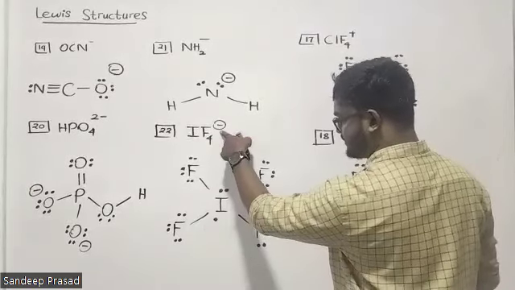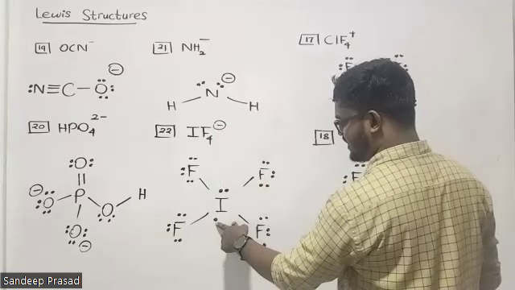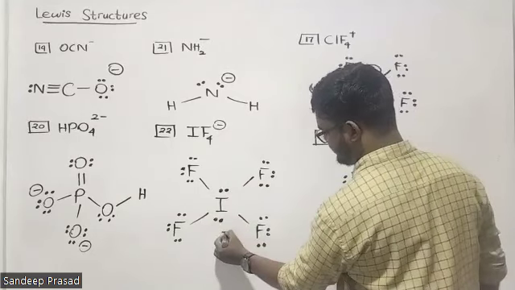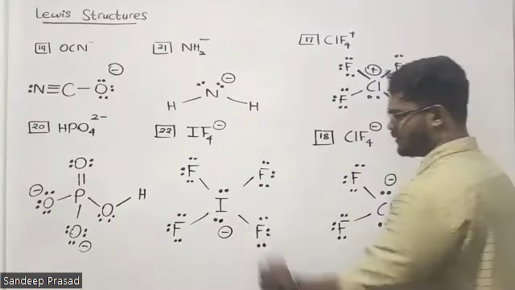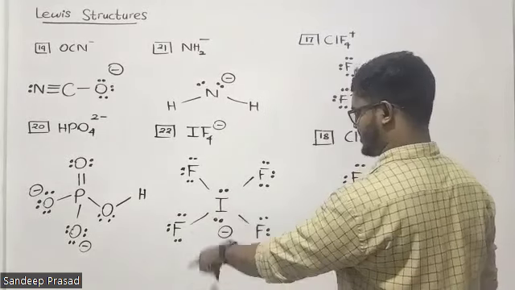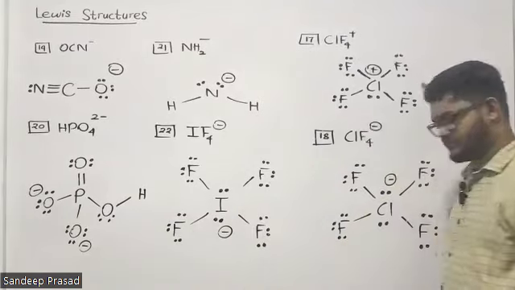There is a negative charge, right? 1 electron is gained, and we can't put just a single electron, so put another electron, the negative charge. 1, 2, 3, 4, 5, 6, 7, 8. 1 electron is extra. Therefore, the negative charge belongs to iodine, not to the fluorine.